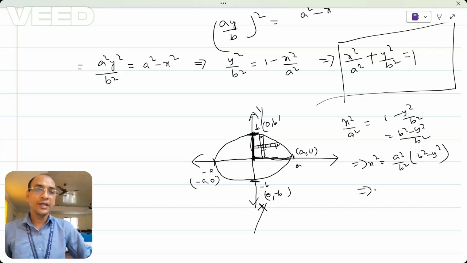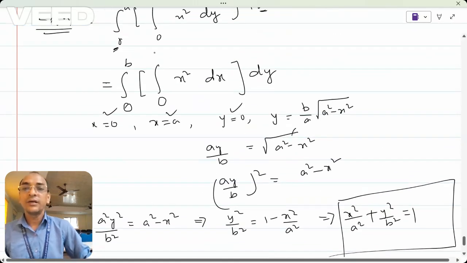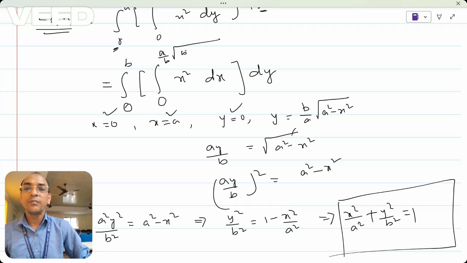So what will be my x? x equal to plus or minus a by b root over of b square minus y square. But out of these two values, we will consider only the positive value because it is in the first quadrant. And so we can write the upper limit as a by b root over of b square minus y square.